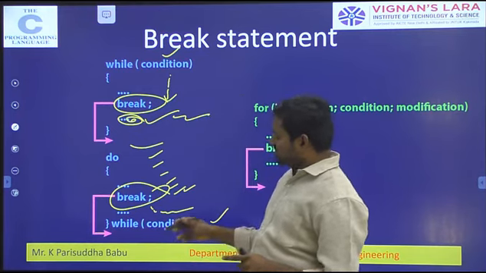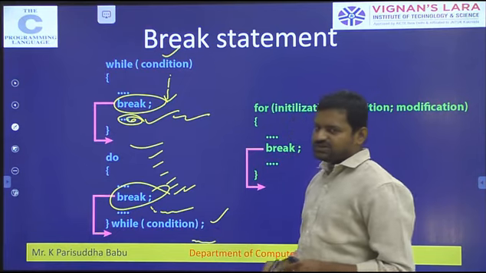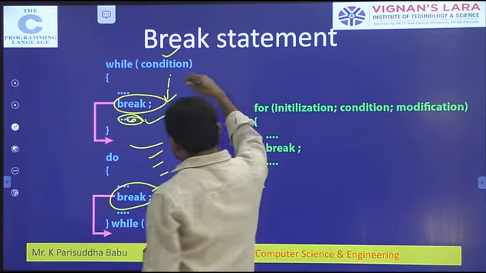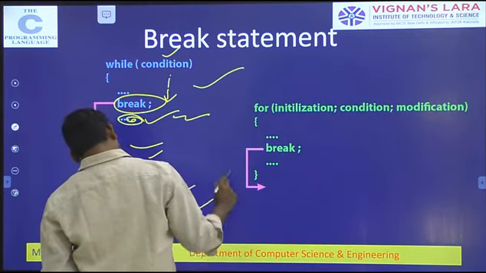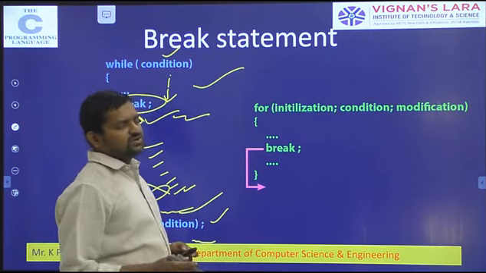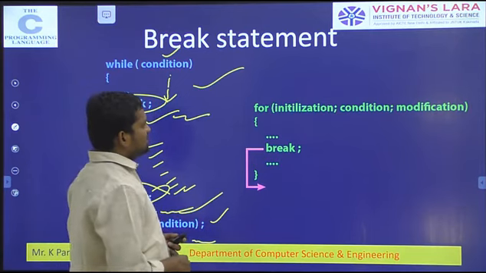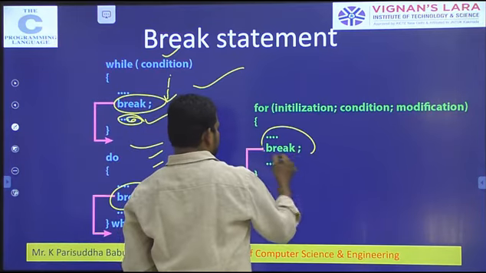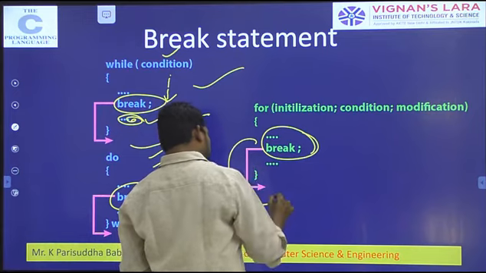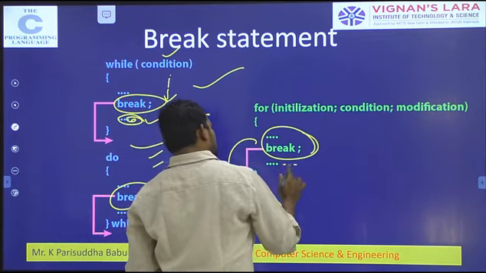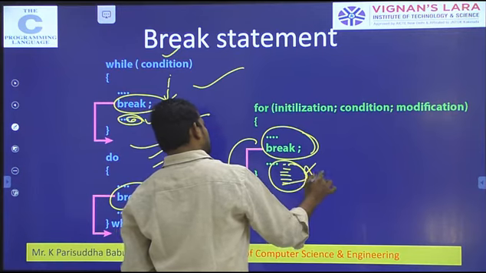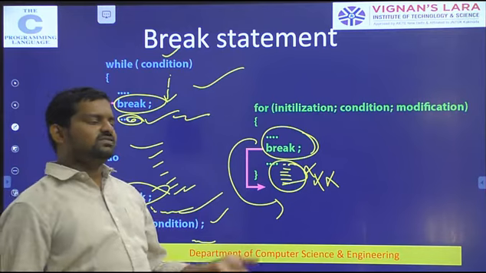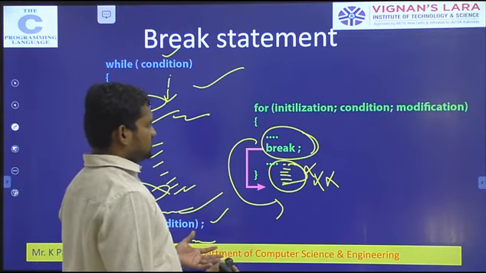So break can be used in while, do while, or anywhere you have to skip the instructions. The for statement also has skipping. If you use the break, control will automatically go out and will not execute these statements.